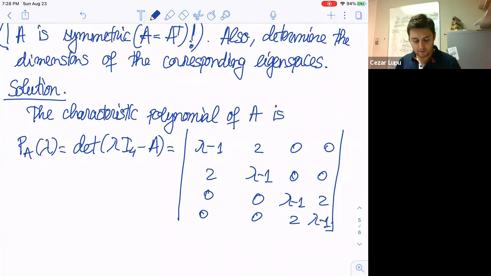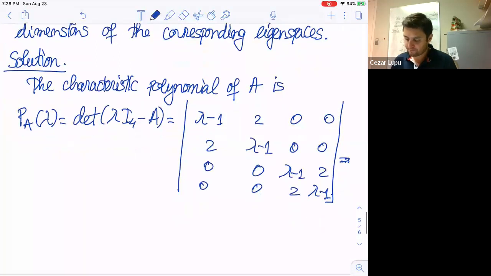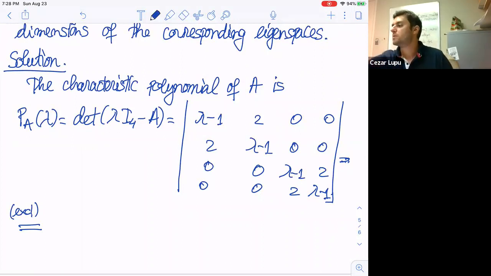As you can see, this matrix looks very nice. And the determinant of this, I'll leave it to you as an exercise, so that I will not lose any time in computing this determinant, but I think I've done the computation somewhere here.